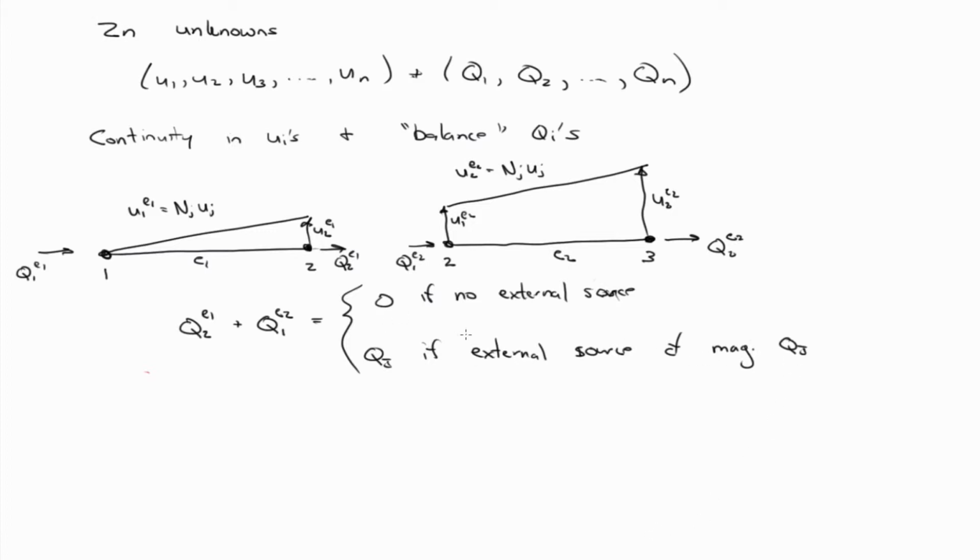Otherwise, it's going to be equal to 0. And there's going to be a continuity of displacement. So U2, E1 plus U1, E2 has to equal U2. So the displacement of node 2, I'm sorry, they have to be equal to 1.